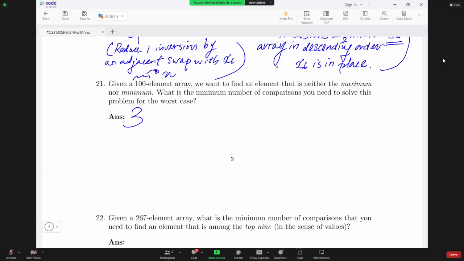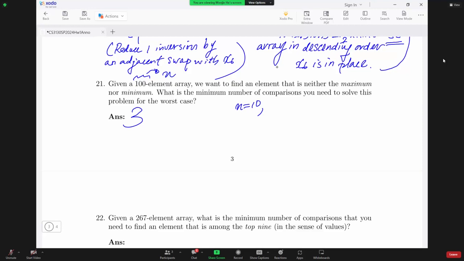But when you change to n, you can use different numbers for n. So you can reduce from 100. You don't have to use that many. For example, you can try n equals 10 elements. Is it possible to find an element in a 10-element array that is neither maximum nor minimum?